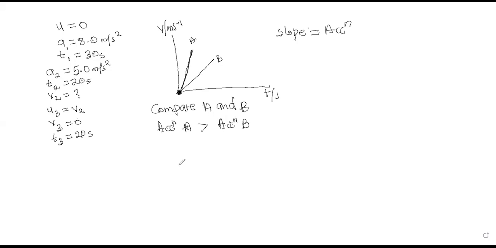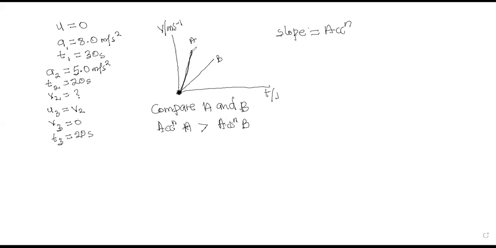Now, if it is a continuous journey, and I ask that in the first part of the motion, the acceleration is greater than the acceleration during the second part of the journey, how would you draw it?